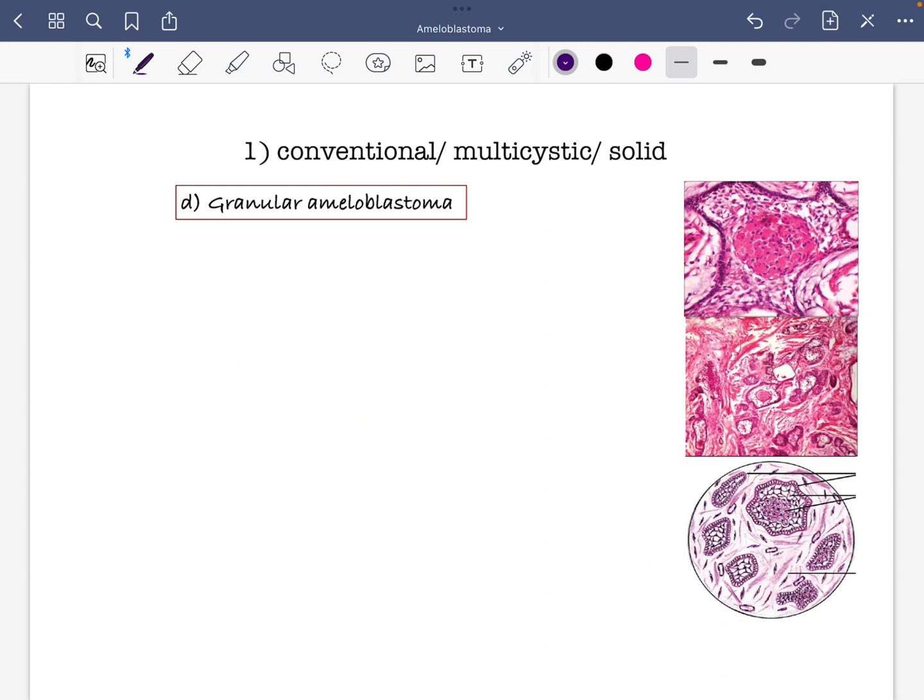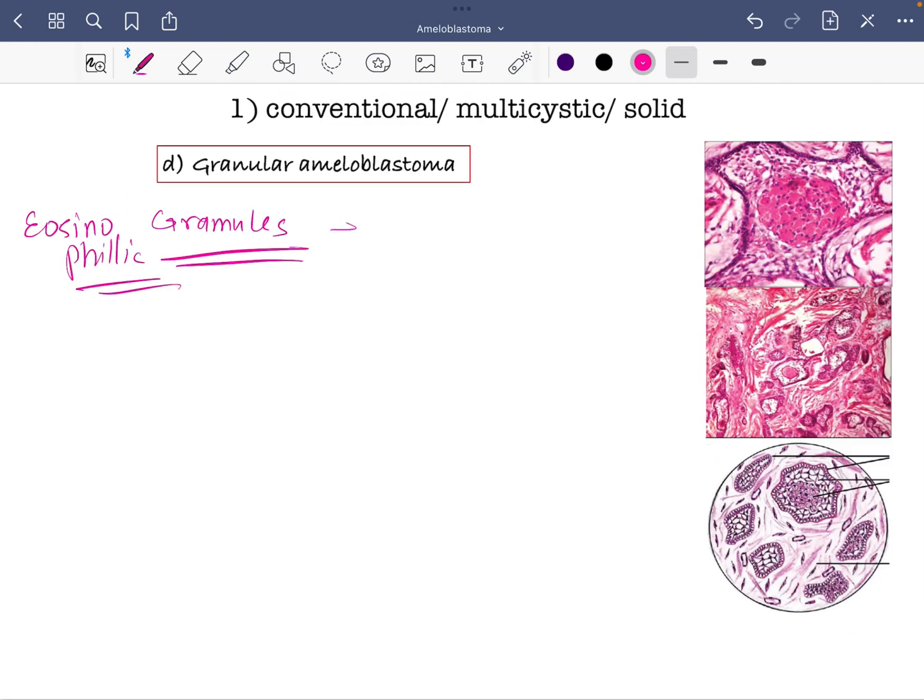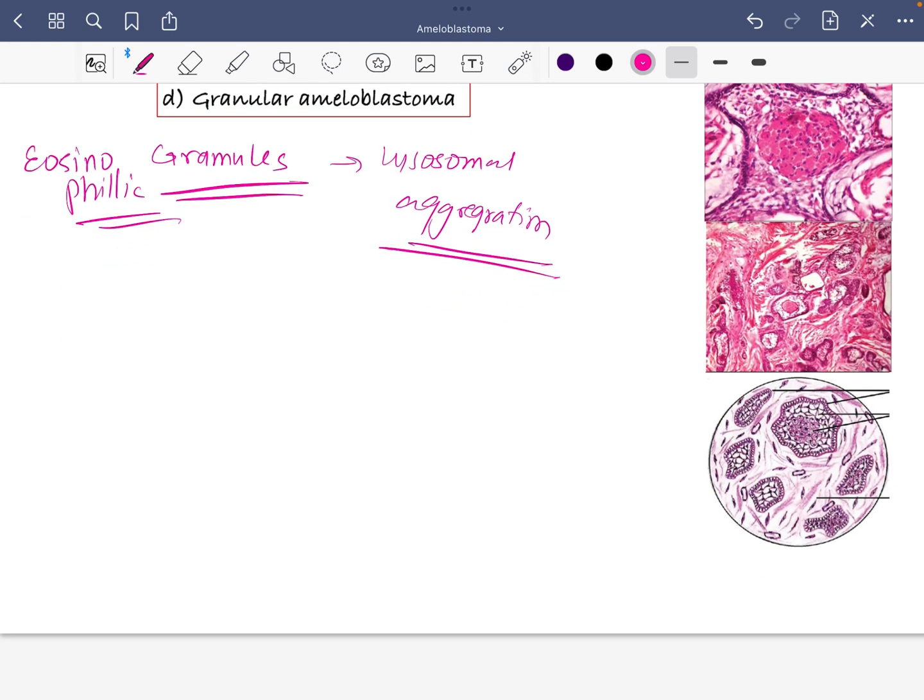Next one is granular cell ameloblastoma. In this, what special will you find? Formation of granules. It's kind of eosinophilic granules, right? Why do these granules form? These granules are your lysosomal aggregation, right? And these form because of activation of different proteins involved in lysosomal formation.